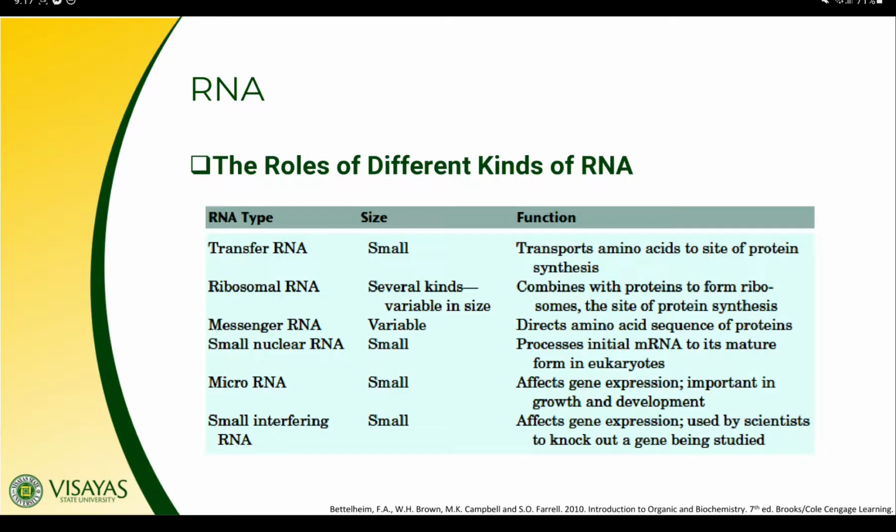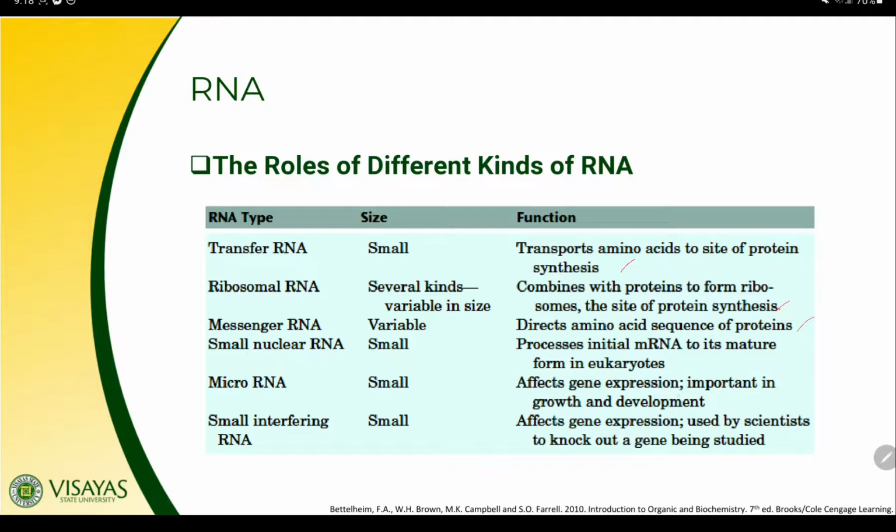So here we have the summary of the different kinds of RNA and their functions. Again, tRNA is used to transport amino acids to the site of protein synthesis, or the ribosomes, in the process called translation. Ribosomal RNA together with proteins forms our ribosomes, which is the site of protein synthesis. Messenger RNA is formed from DNA in a process called transcription, which then directs the amino acid sequence of proteins.